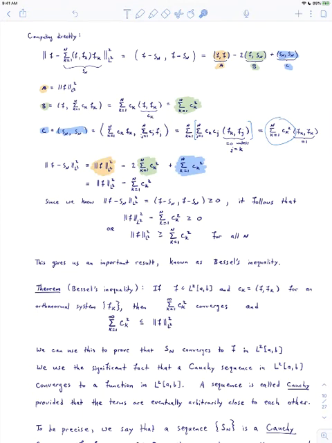Or the norm of f quantity squared is greater than or equal to the sum k equals 1 to n of ck squared for all n. So this gives us an important result known as Bessel's inequality.